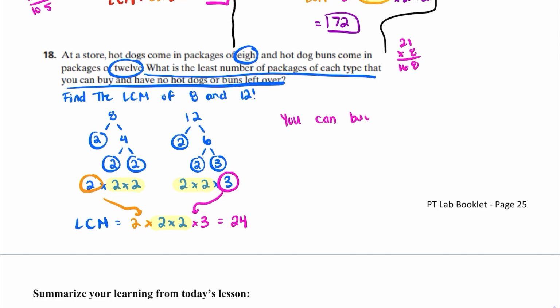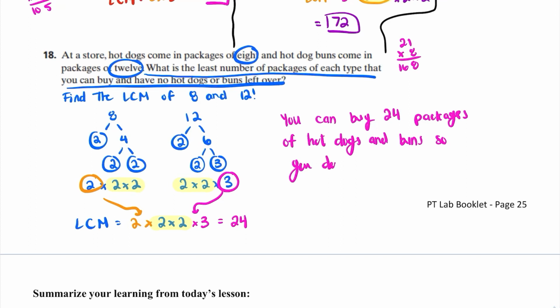24, well, we have to remember that 24 is the number of packages we can buy. So you can buy 24 packages of hot dogs and buns so you don't have any leftovers.